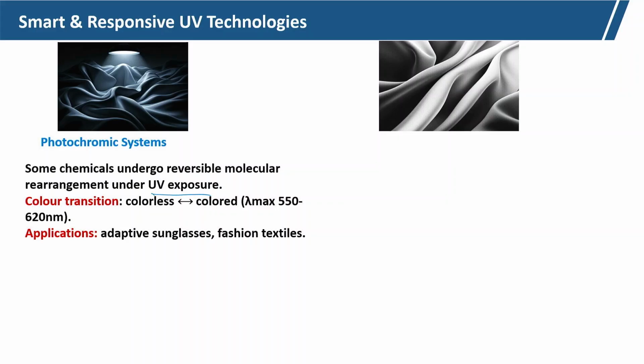So, when UV is exposed on the material, a color transition takes place, colorless to colored. Applications are adaptive sunglasses and fashion textiles.